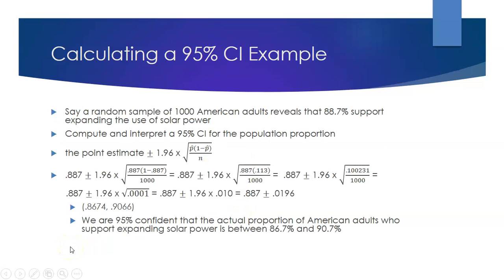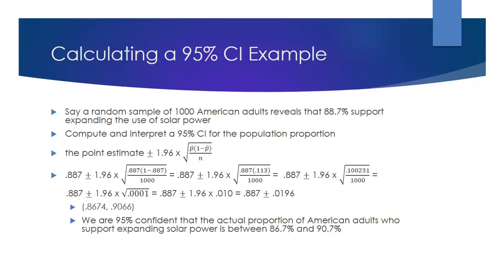So the last thing that we had gone over was calculating this example. I added a little bit more detail on this slide so that it shows you every step we were going through in reducing the standard error formula. Again, we have 1,000 adults in our sample, and of that, 88.7% said that they support expanding the use of solar power.